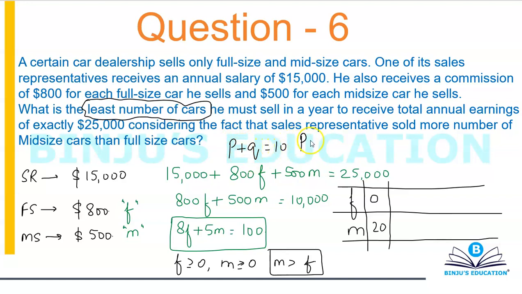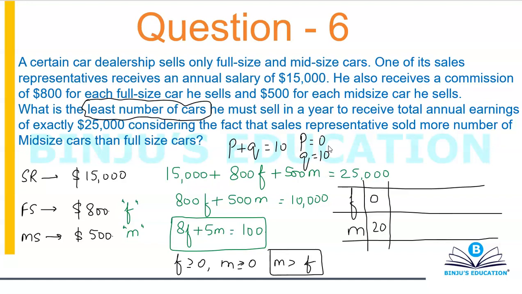If I take p to be 0, then q is 10. If I start increasing the value of p, the value of q will start decreasing, because the sum is constant. If you increase one number, the other will automatically go down. So f is 0, m is 20, and if you increase the value of f, m will certainly decrease, no doubt in that.